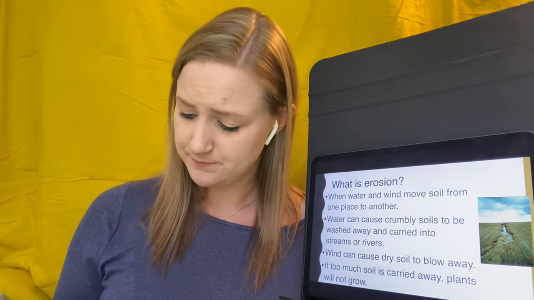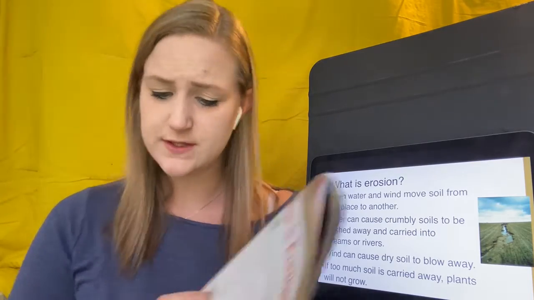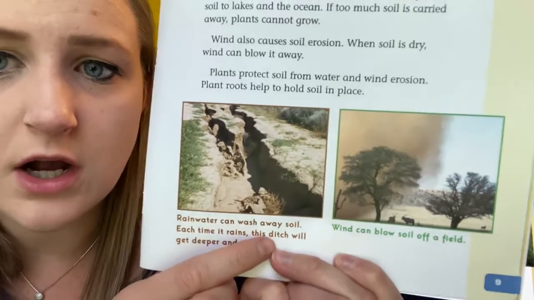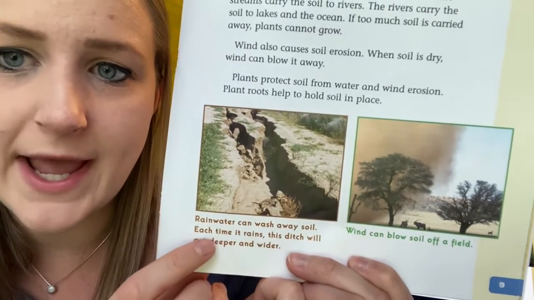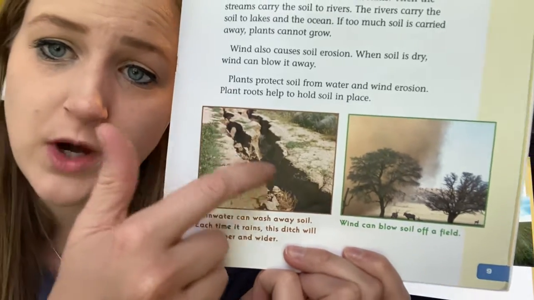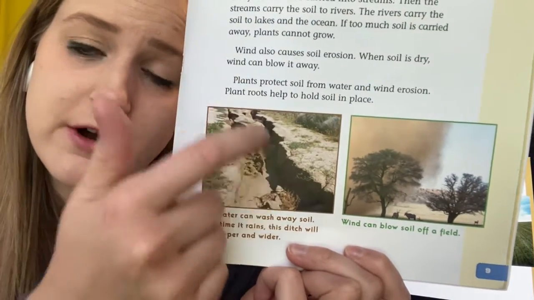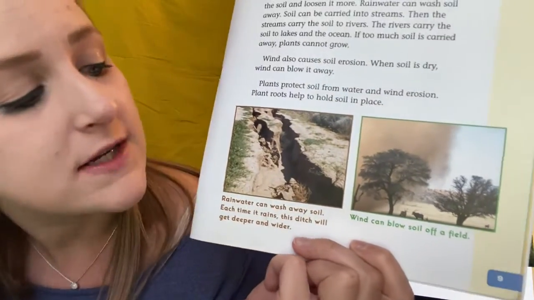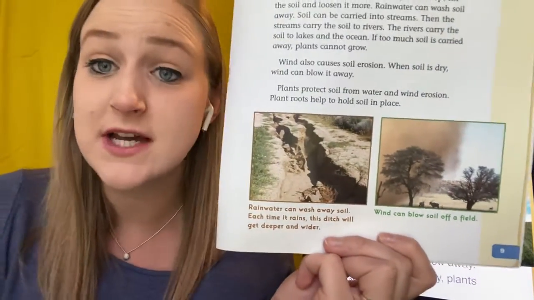So one thing, I can show you these pictures from the book. Right here, we have rainwater causing soil to wash away. Each time it rains, the ditch will get deeper and wider. So from rainwater going over and over again, it is causing a pathway in these rocks, a little river in these rocks. Now, this is not a river that was there.